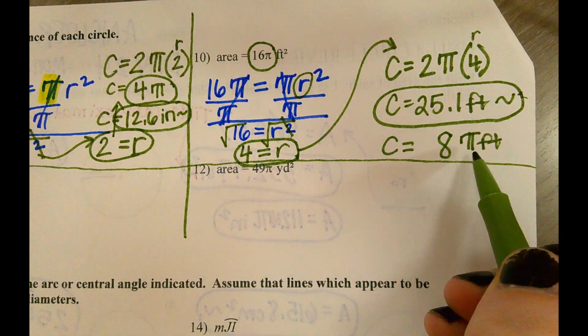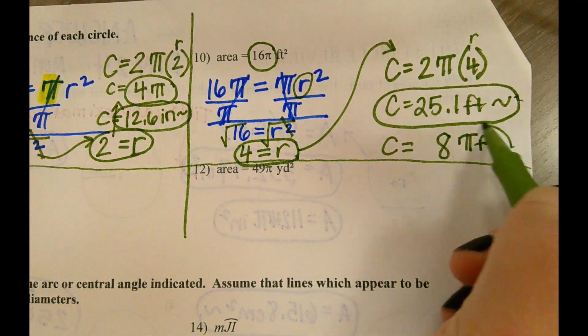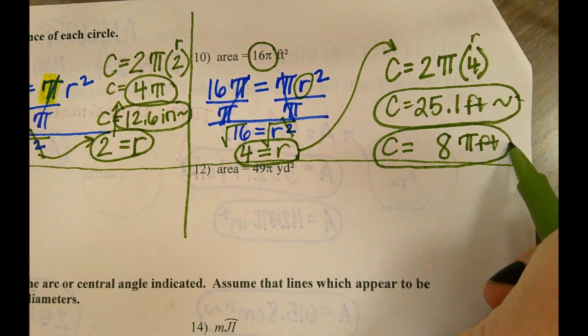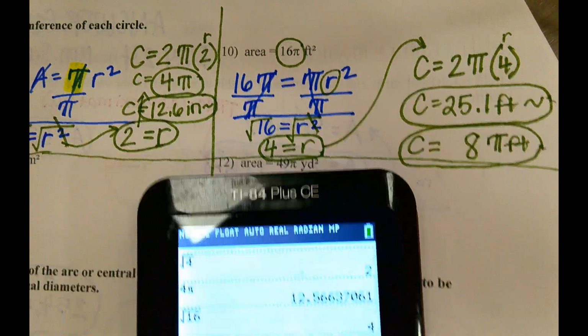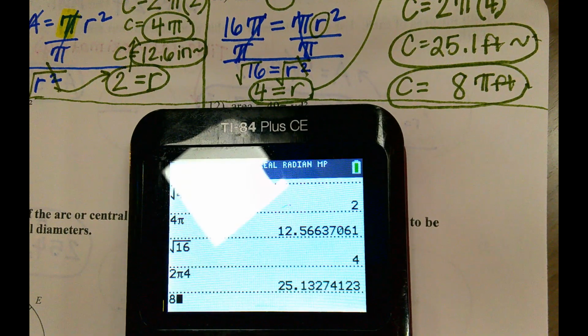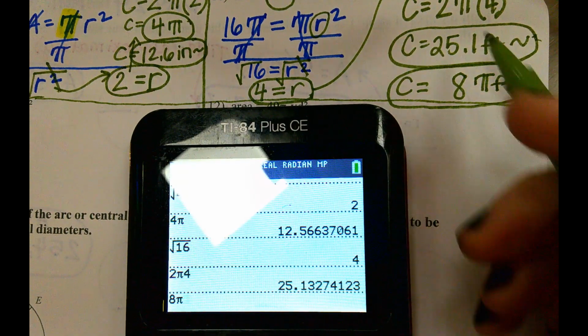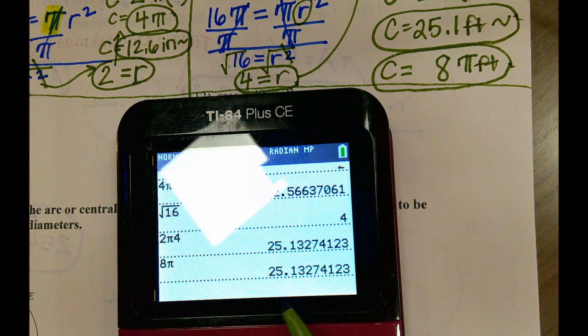So my exact circumference would be 8 pi feet. And you can check that your exact answer is correct by just typing it in. If I type in 8 times pi, I should get 25.1 approximately, and I do. So I know that that is correct.